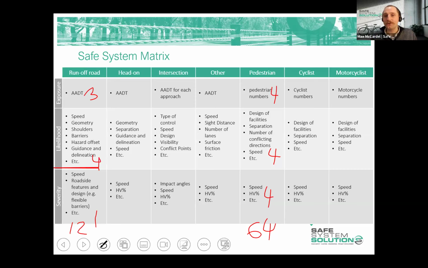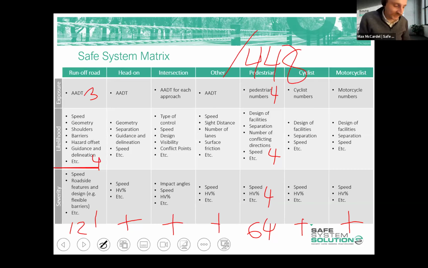Once you've got all your scores, you then go and add up each of those columns. So 12 plus whatever your head-on is, plus intersection, plus your other score, plus 64, plus cyclist, plus motorcyclist. And that gives you an overall score. The overall score is measured out of, I hope I've got this right, 448, which is 64 times 7.